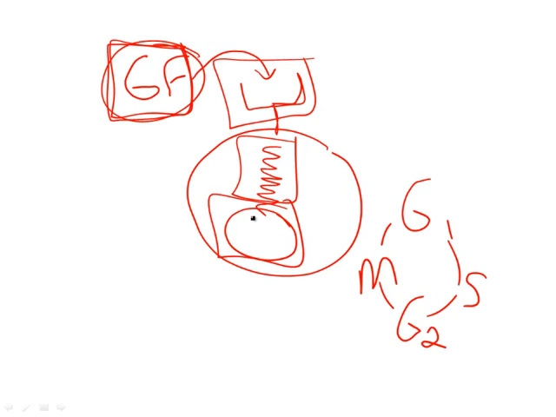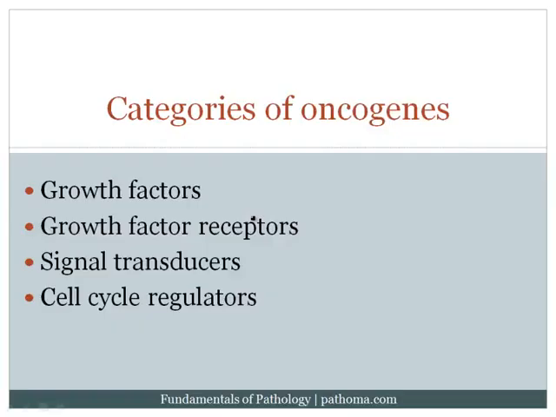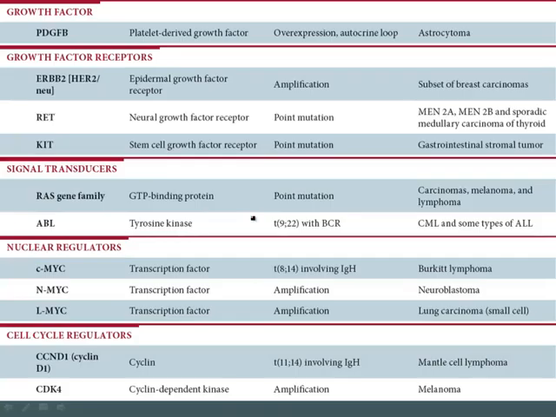Now, mutations in any one of these steps or any one of these categories of proto-oncogenes can result in the formation of an oncogene and can then be associated with formation of a tumor. And that takes us then to this table, which is present within your text.